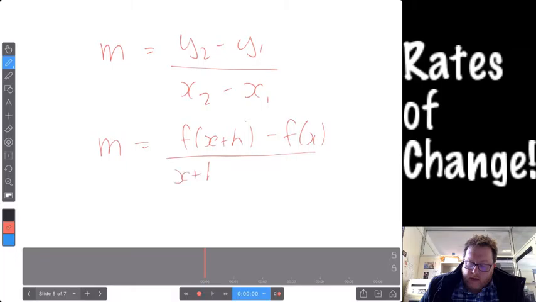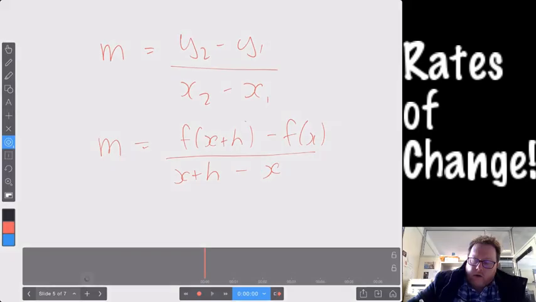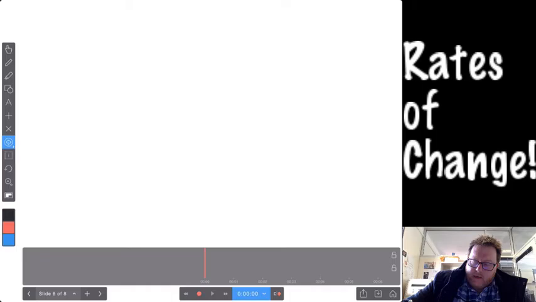Okay, let's have a look at this. x plus h minus x. The x minus x is going to cancel each other out. So now we're left with, go to blue now, that the gradient is going to be f of x plus h minus f of x all over h.